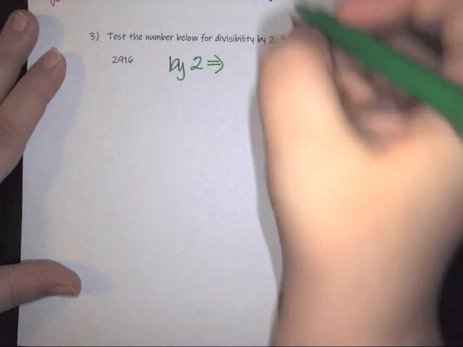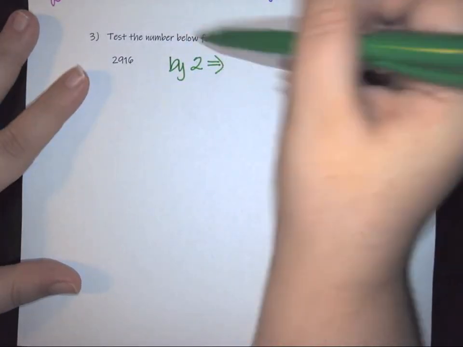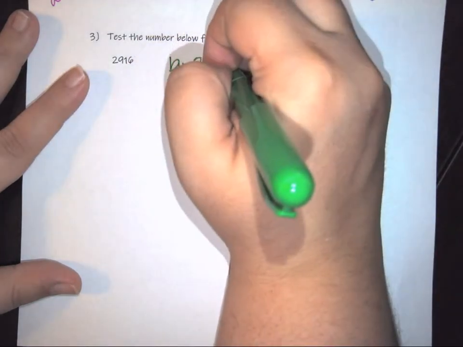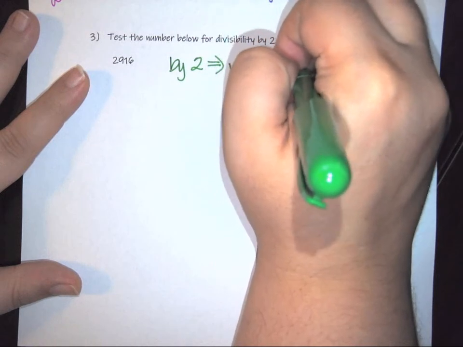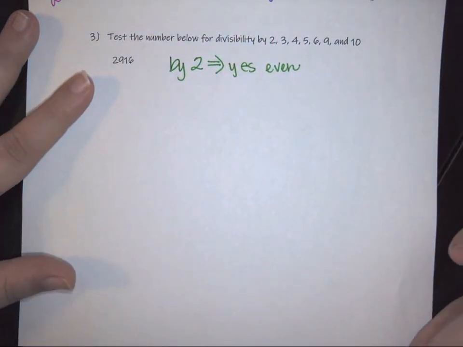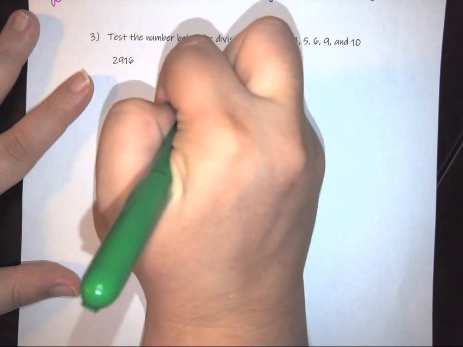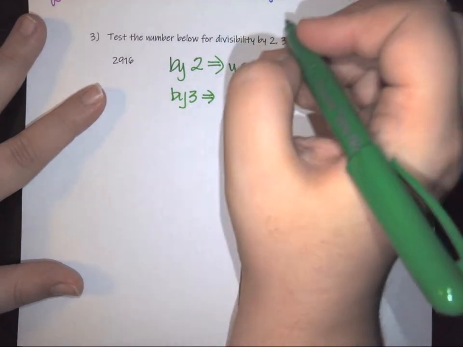Divisible by 2 again says, is it even? Well, an even number says we're looking at the last digit. My last digit is a 6, so yes, it is even, so we pass the 2 test. Now we need to look at divisible by 3. Divisible by 3 says I need to sum my digits together.